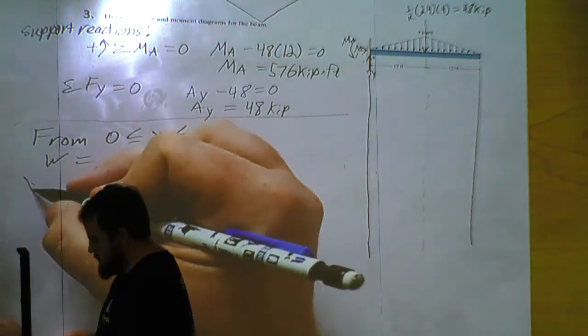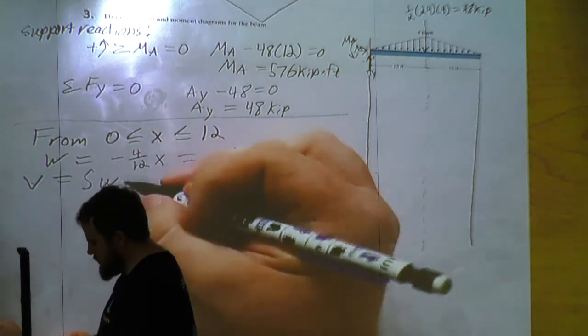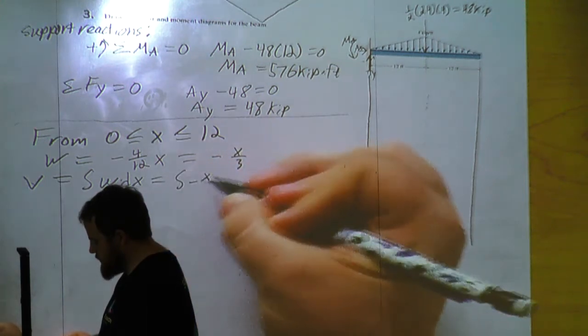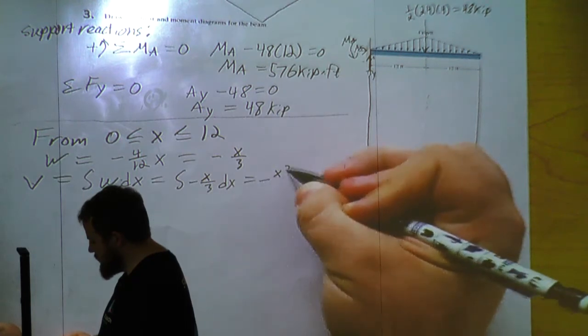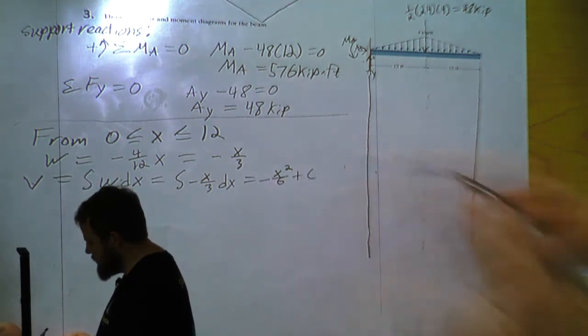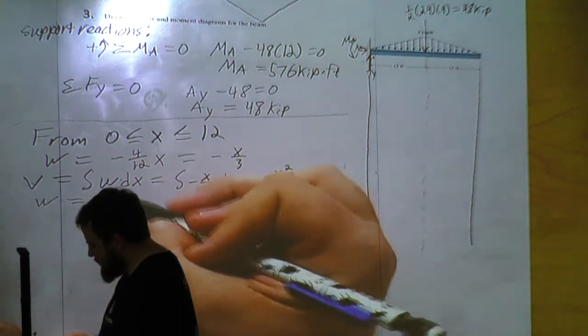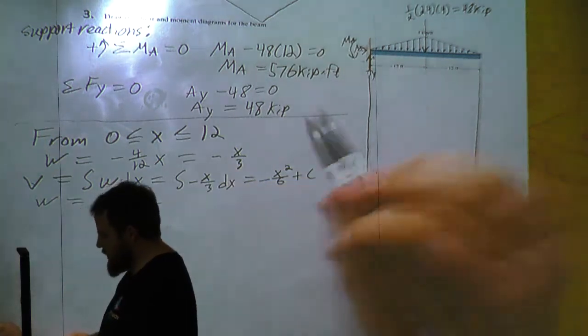So now we can do our integration. It's the integral of the load dx. Integral negative x over 3 dx. So that's going to be negative x squared over 6 plus c. So our c is going to be our AY, 48.